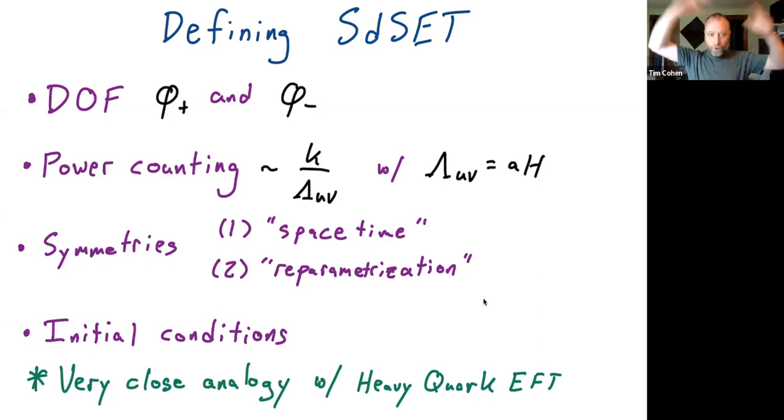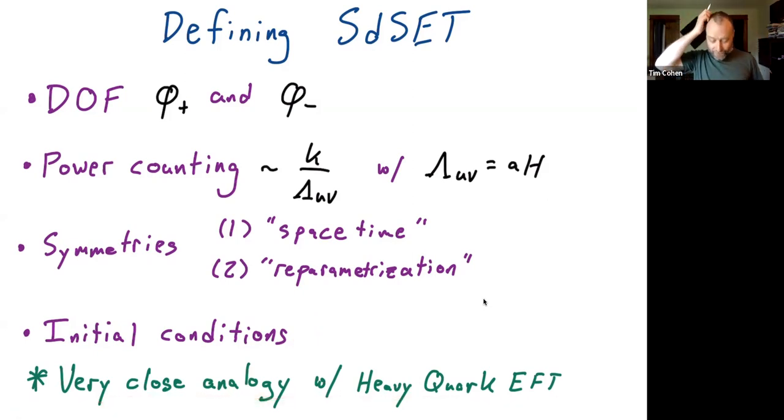The fact that we have correlations on superluminal scales is essentially captured or encoded by these initial conditions. So these initial conditions exist on the entire Hubble surface, and so they're sort of non-local in that sense, right? And then that information gets propagated into the soft modes, which are the ones that freeze out. So other than this twist, these initial conditions, it's a very close analogy with heavy quark effective theory.